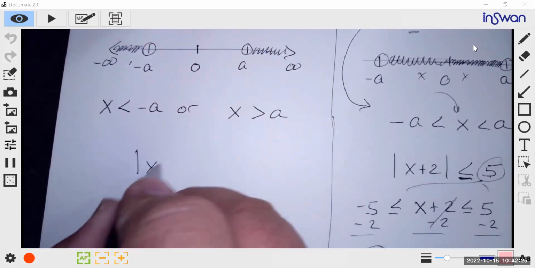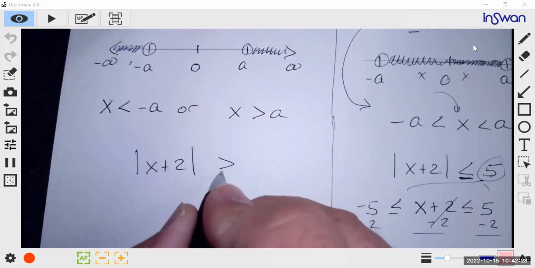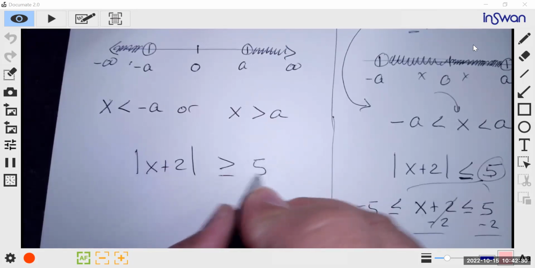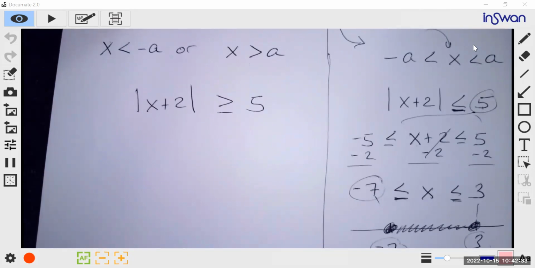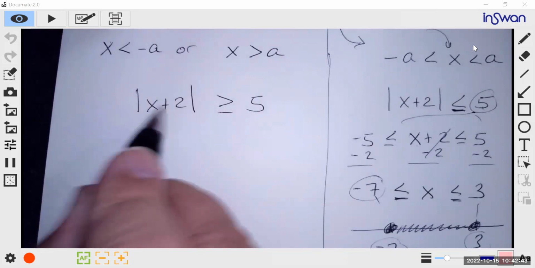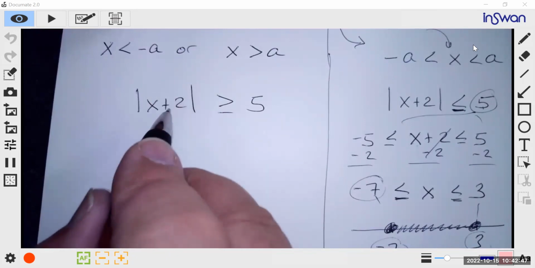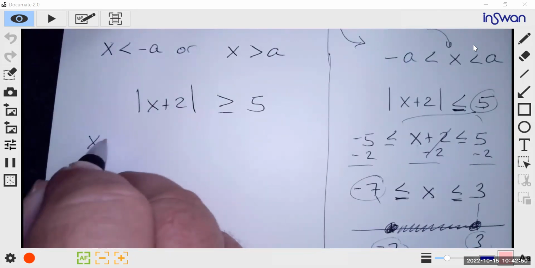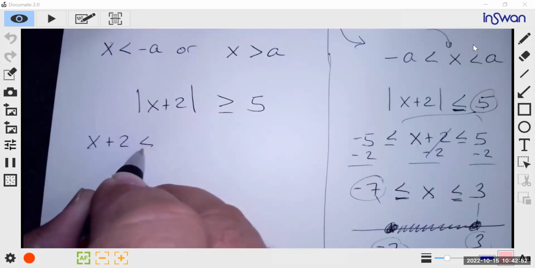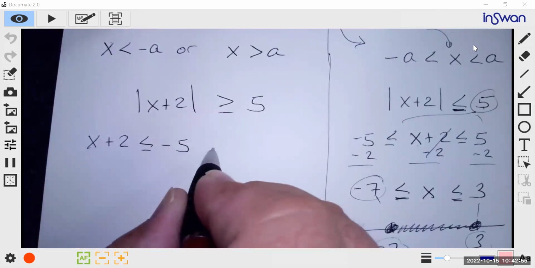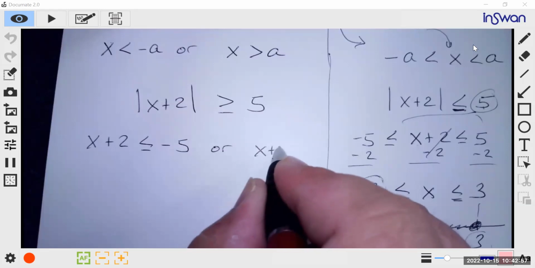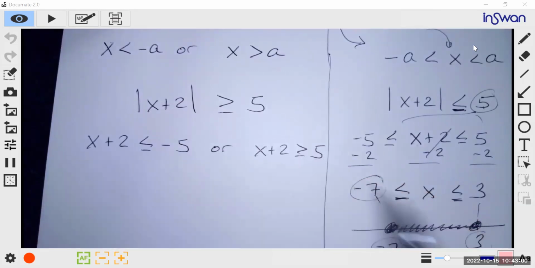So we have x plus 2 is greater than or equal to 5. The absolute value is isolated. It's by itself here. We don't have to move anything else. So now we can drop the absolute values. If we drop them, then x plus 2 can be less than or equal to negative 5, or x plus 2 can be greater than or equal to positive 5.